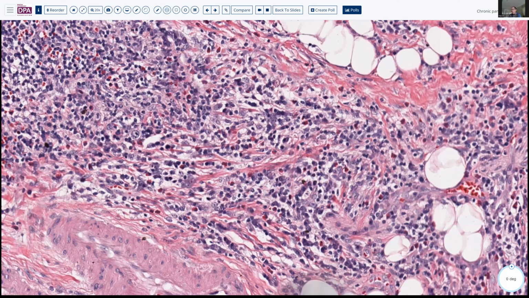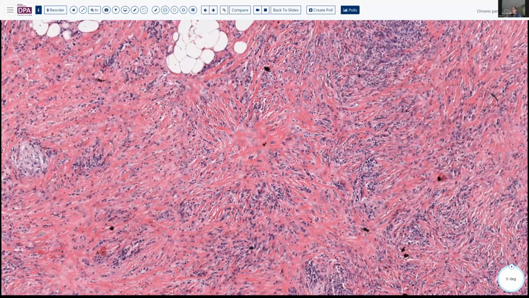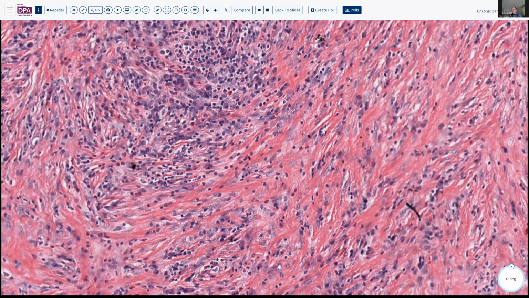And as we go around this tissue, you see that that's pretty much the case everywhere, with variable amounts of fibrocollagenous tissue associated with this inflammatory infiltrate that is here, and it shows again the mixed character with plasma cells, eosinophils, lymphocytes in the background.